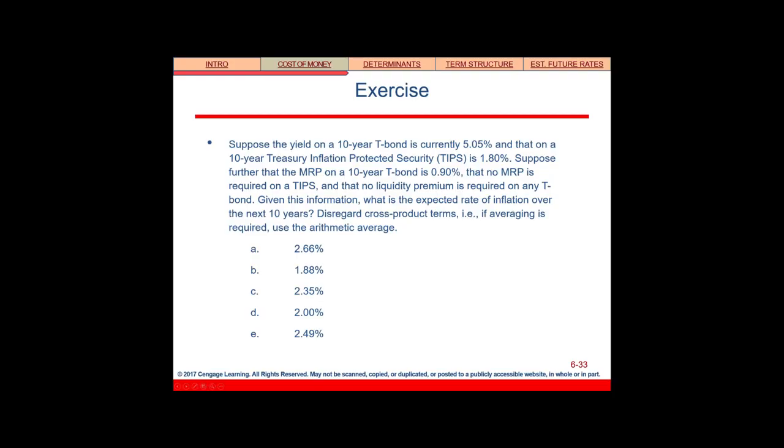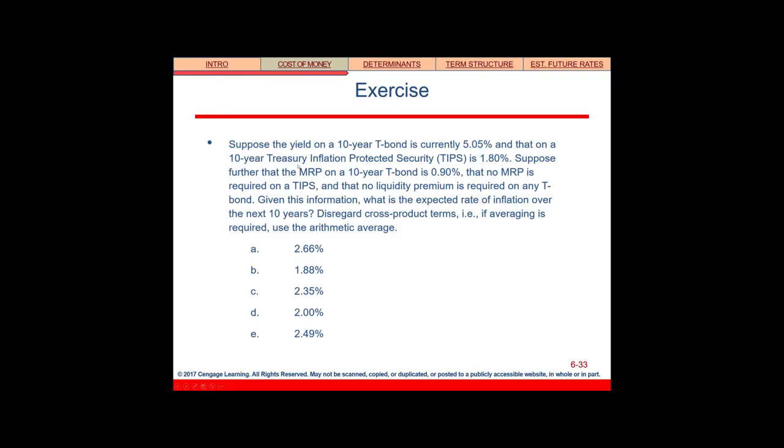Then in order to know this inflation premium, the only thing that is left is the real risk-free rate of return. But here it didn't say anything about the real risk-free rate of return, right? The only thing we know is that the 10-year Treasury inflation protected security is 1.8%.